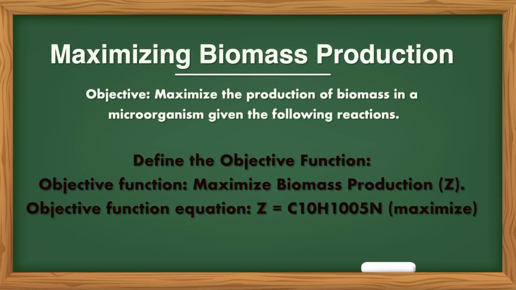The objective function will be the maximization of biomass production. In our case we have considered this as Z. So what will be the reaction? It will be Z equals C10 H10 O5 N, and you have to write maximize. Now you also know the coefficient values, you also know the objective function.